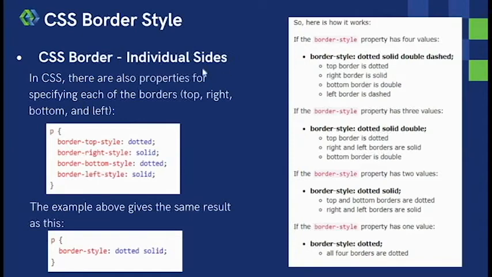CSS border individual sides. So in CSS there are also properties for specifying each of the borders: top, right, bottom, and left.